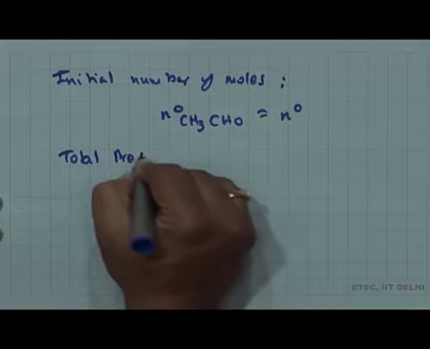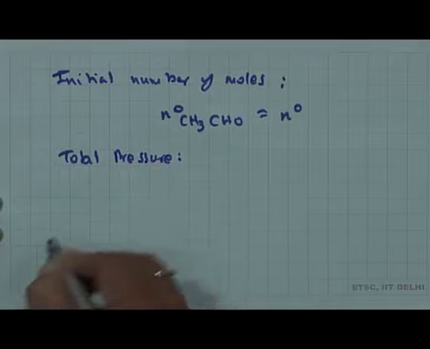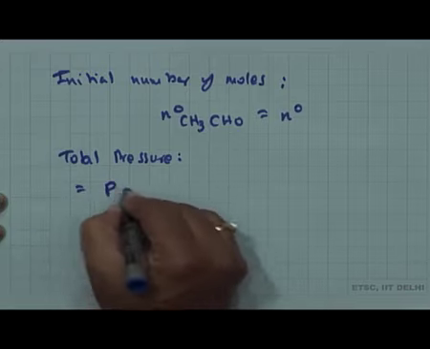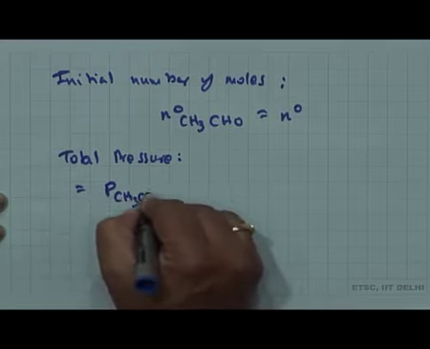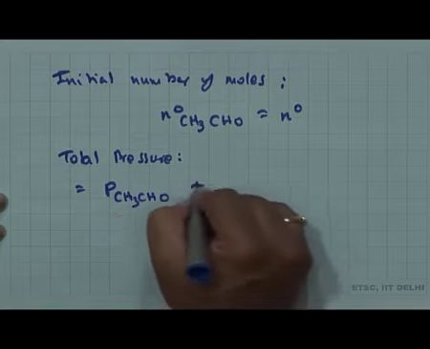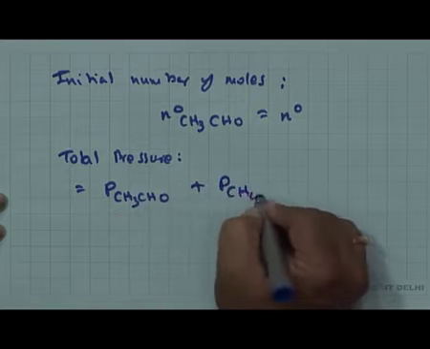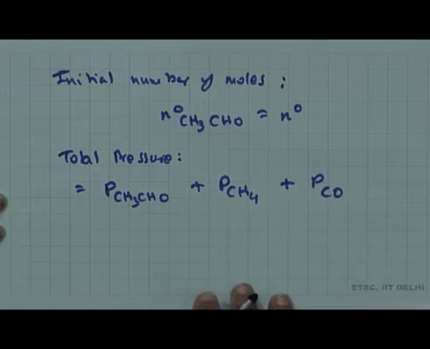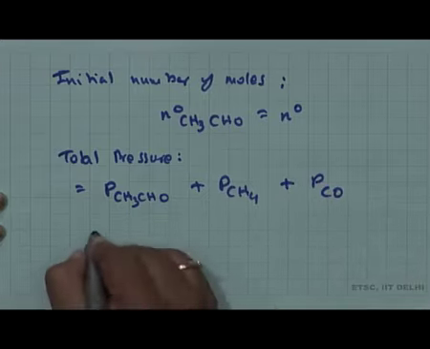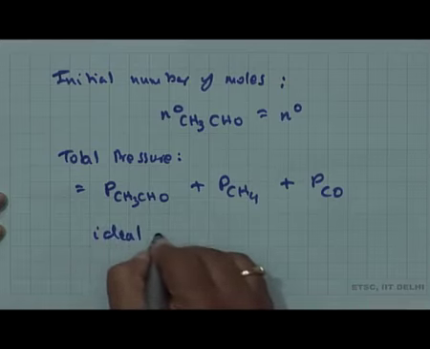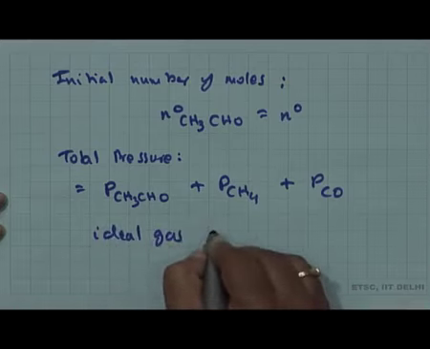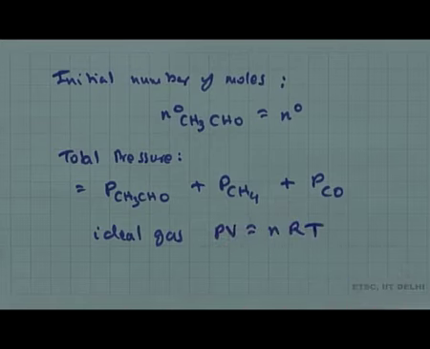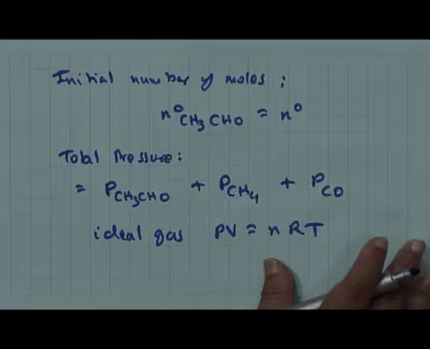The total pressure can be written as follows. The total pressure is equal to the pressure from CH3CHO, the pressure being exerted by methane, and the pressure being exerted by carbon monoxide. Again, remember that we are taking the ideal gas assumption, where ideal gas means PV is equal to nRT, where n is the number of moles.